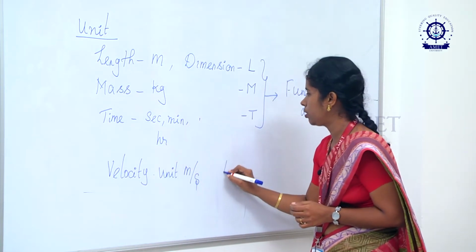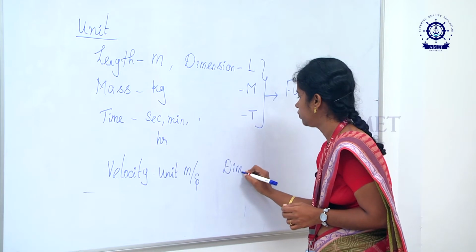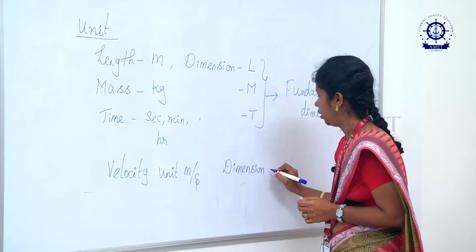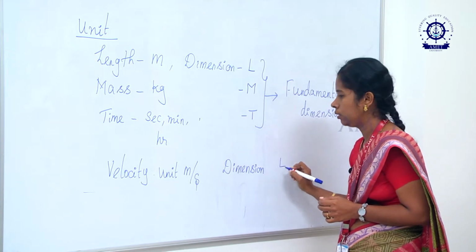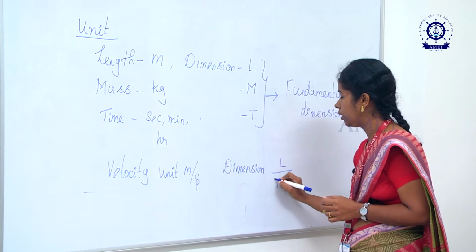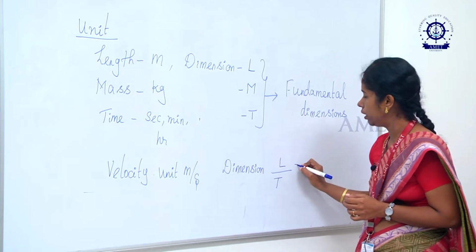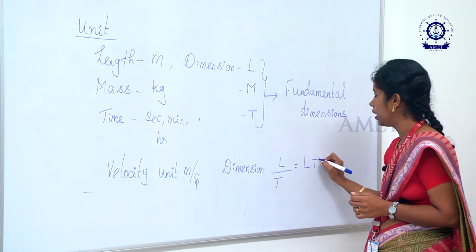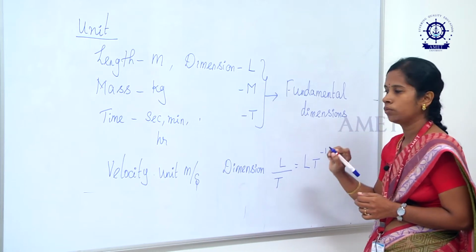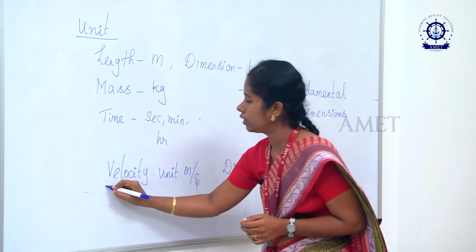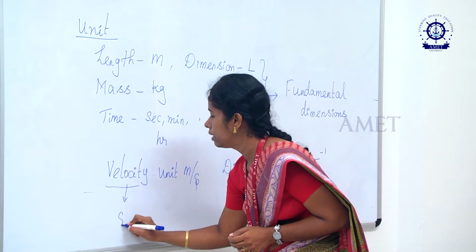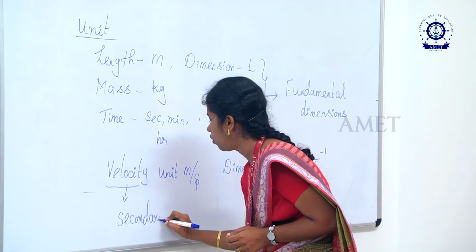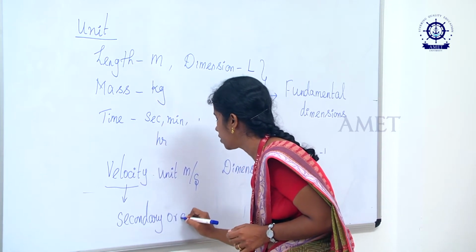So, the dimension for velocity: meter has the dimension of length, L, and second has the dimension of time, T. So it is L T power minus 1. This velocity comes under the category of secondary or derived dimensions.